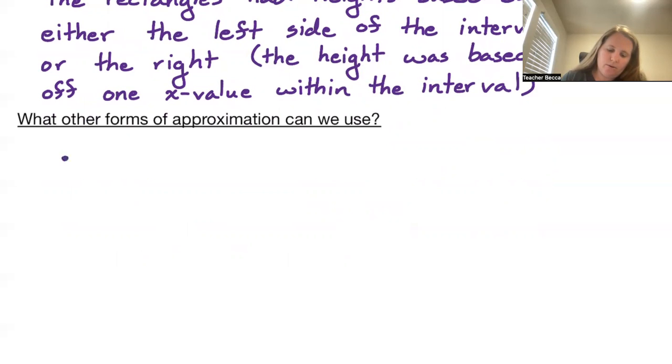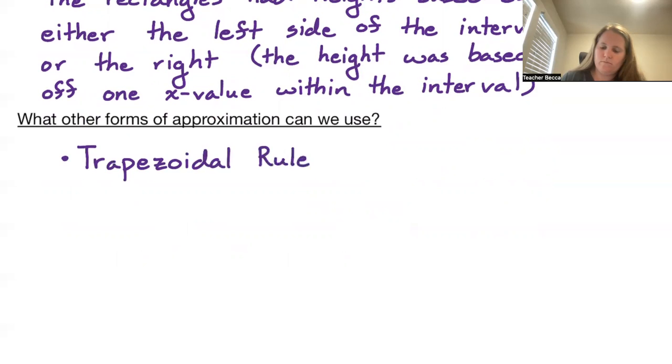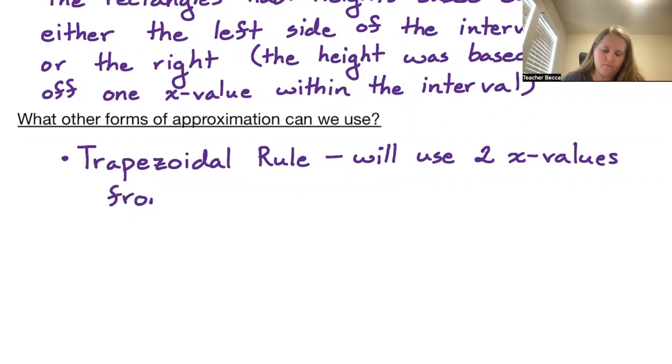So we will have what we will call the trapezoidal rule, which will use two x values from each interval. And we'll create trapezoids instead of rectangles.